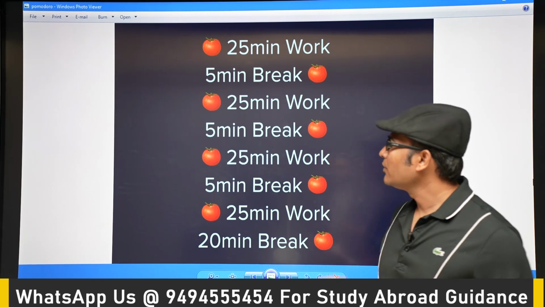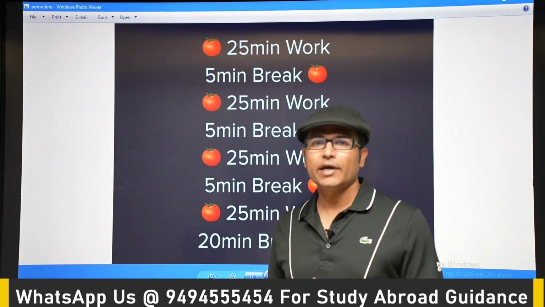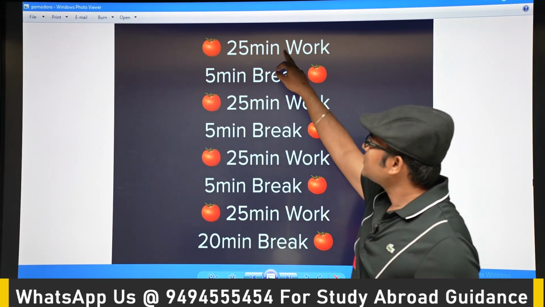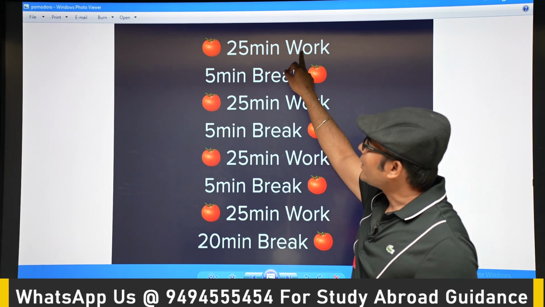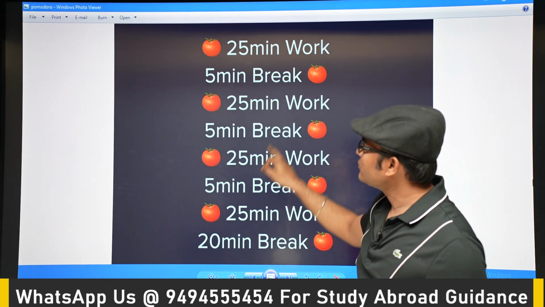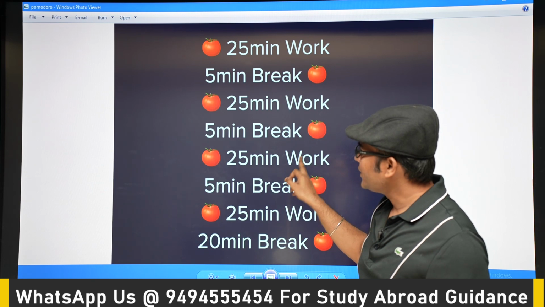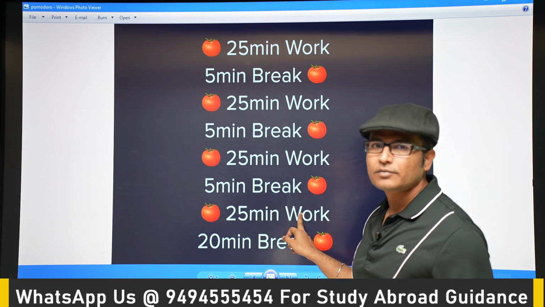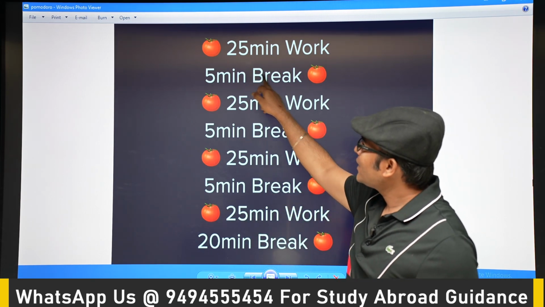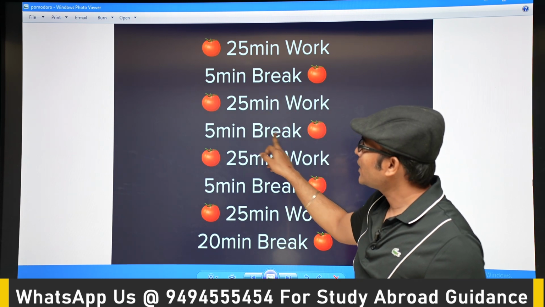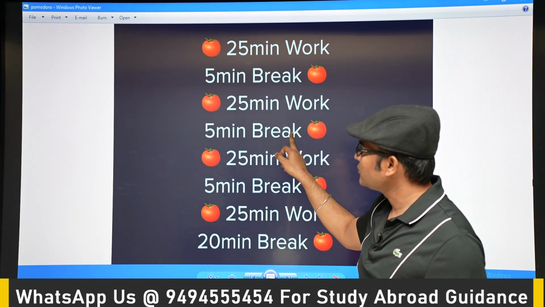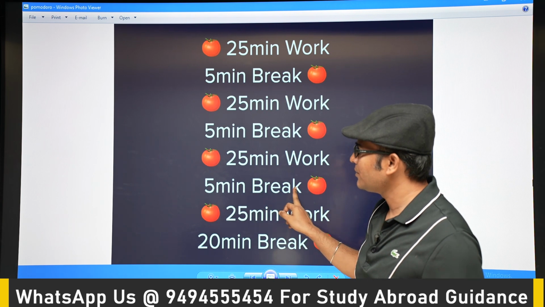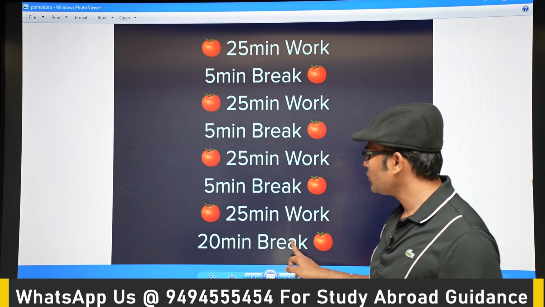So now if you observe the way that we have to set the timer, the first time we are going to get 25, third time 25, fifth time 25, seventh time 25, and second time 5 minute break, fourth time 5 minute break, sixth time 5 minute break, and eighth time it is a 20-minute break.